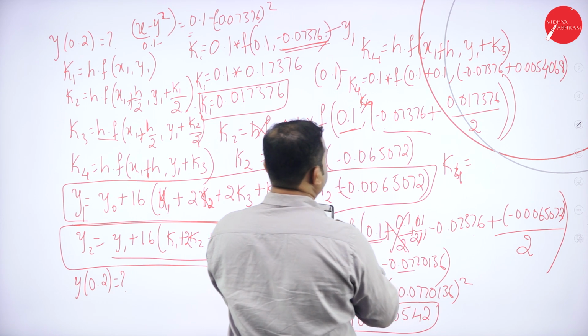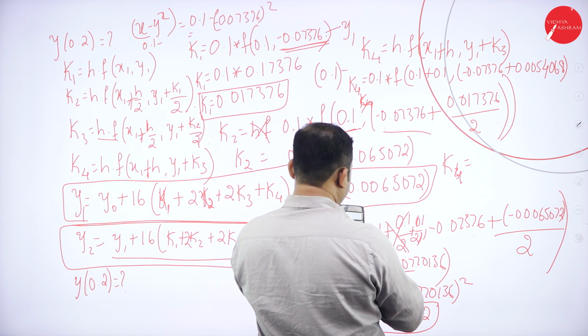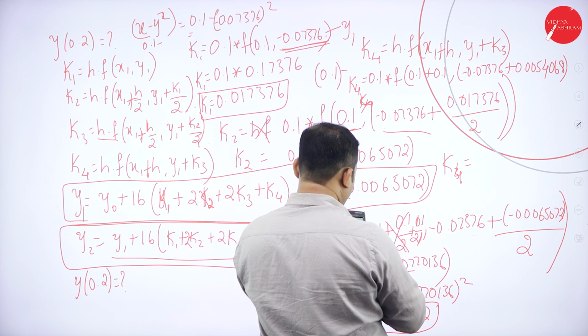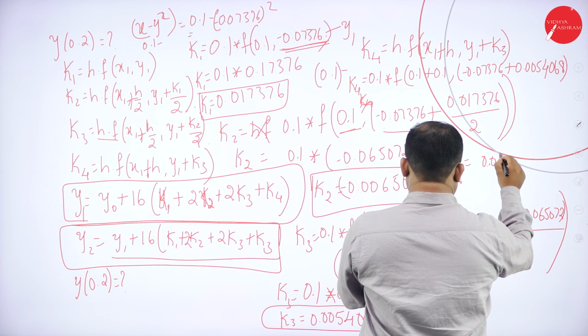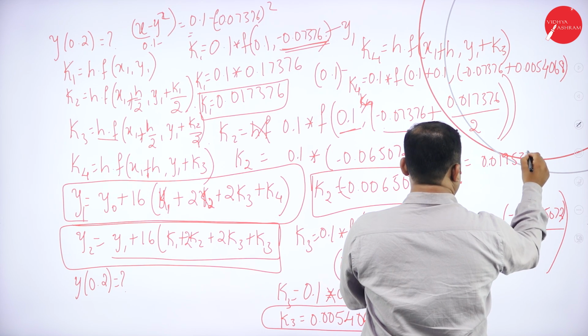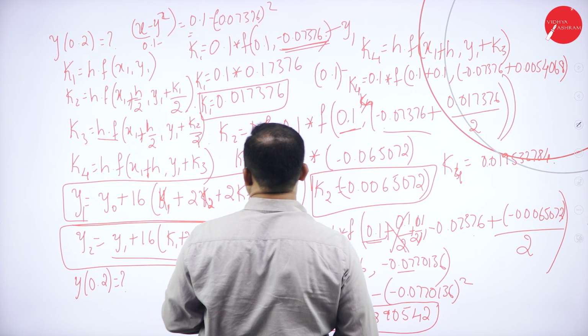That leads to a term which is equal to this. Entire term must be multiplied by 0.1. That leads to a value which is equal to K4 is equal to 0.019532784. That is K4.